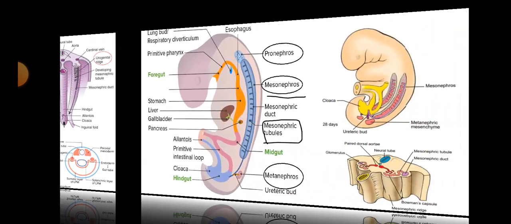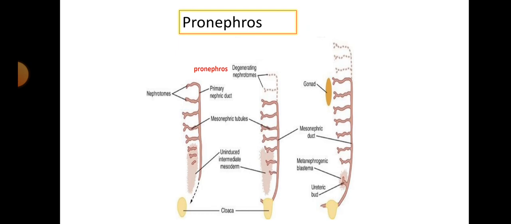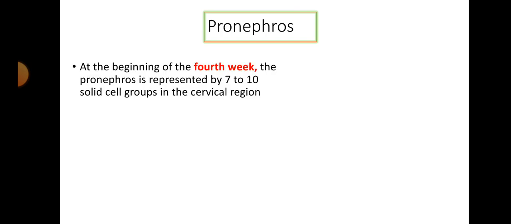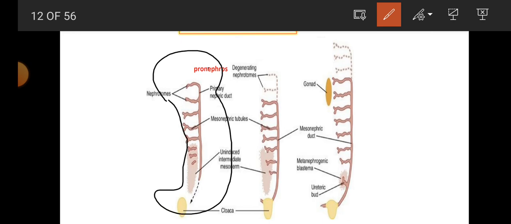So first let's go on to study the pronephros. The word 'pro' refers to the initial kidney, or the first kidney which is supposed to develop, but this development starts at the 4th week. There are almost 7 to 10 solid cells in the cervical region. Now what is the cervical region? If you see, this is the embryo, the head end of the embryo, this is the tail end of the embryo, this is the head region, this is the cervical region, this is the thoracic region, lumbar region and the sacral region.